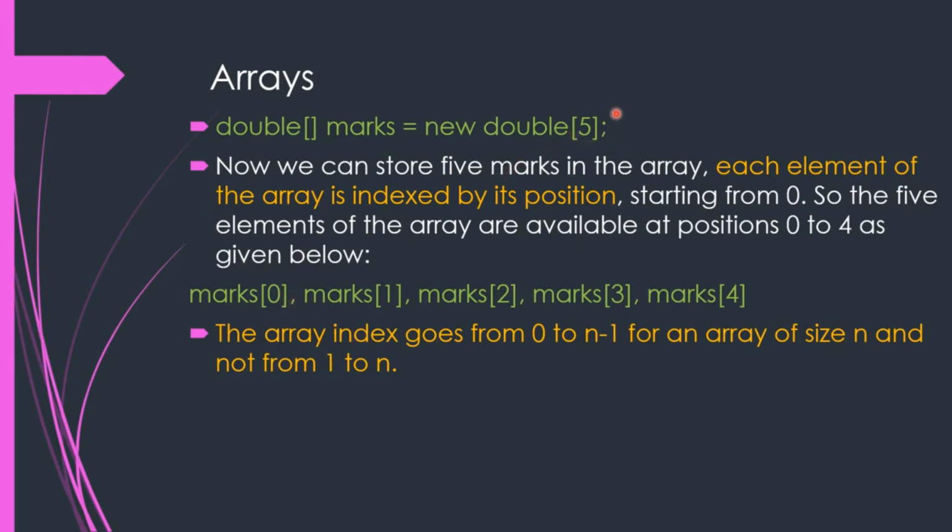N minus 1 means 5 minus 1, which is 4. So the positions will be 0 to 4, means marks 0, marks 1, marks 2, marks 3 and marks 4. So this was the important concept from which questions often come and students make mistakes. Please remember that whenever you have to give position to the elements of the array, you will always start from 0 and continue up to n minus 1 for an array of size n.